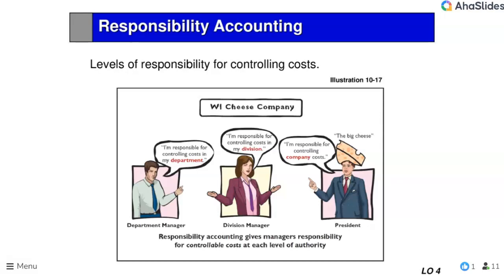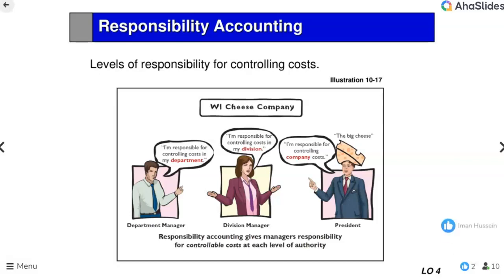And if you're a manager in a company, you have control over certain operations within that company, and therefore you're responsible for those operations. So we're talking now of adding value to the company. So what you have to do here is control costs.